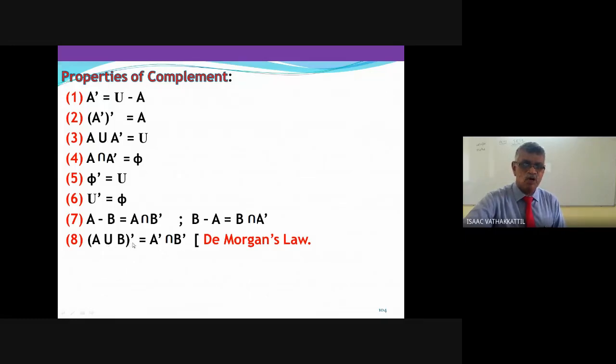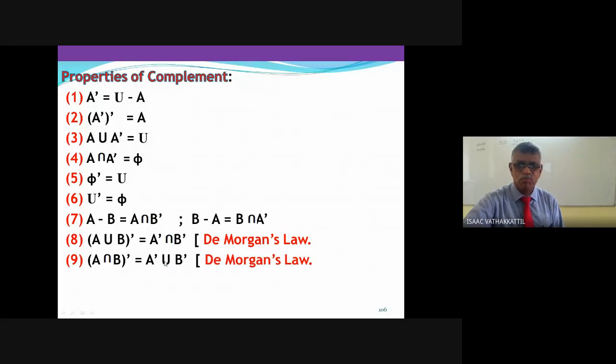We need to apply it in many other subjects also; it comes in logic too. A union B whole dash is A dash intersection B dash, whereas A intersection B whole dash is A dash union B dash. These both are known as De Morgan's laws. This can be extended for any number of sets also.